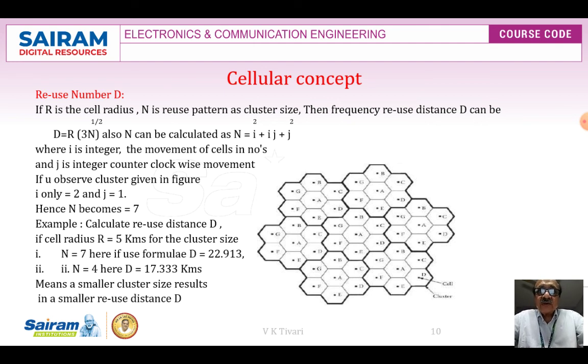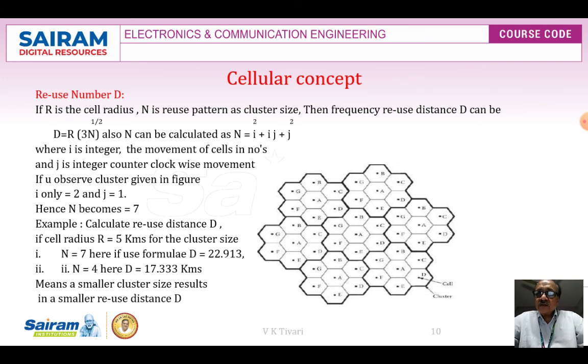So if it moves 1, 2 up, and then it goes to B. So if i equals 2, that is 1 and 2 movement, and j equals 1 counterclockwise movement, then you observe the cluster in the given figure, i equals 2 and j equals 1, then N becomes i² + ij + j² = 7.